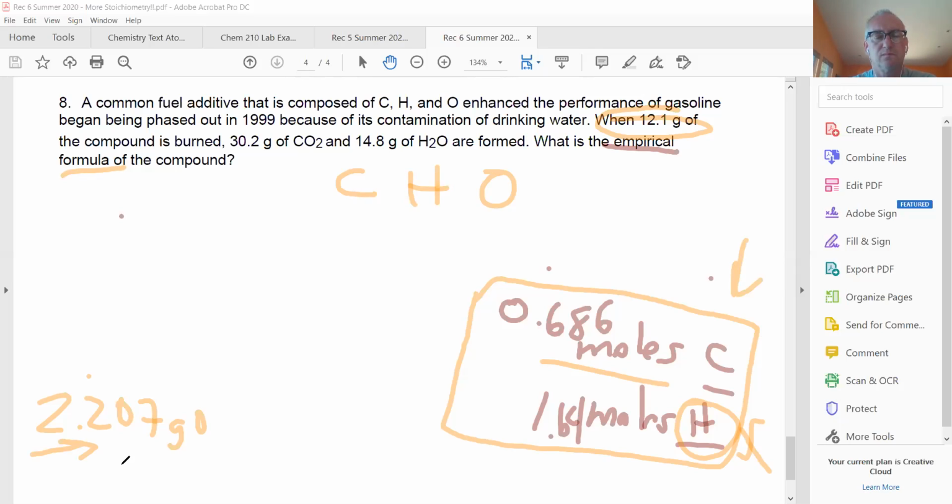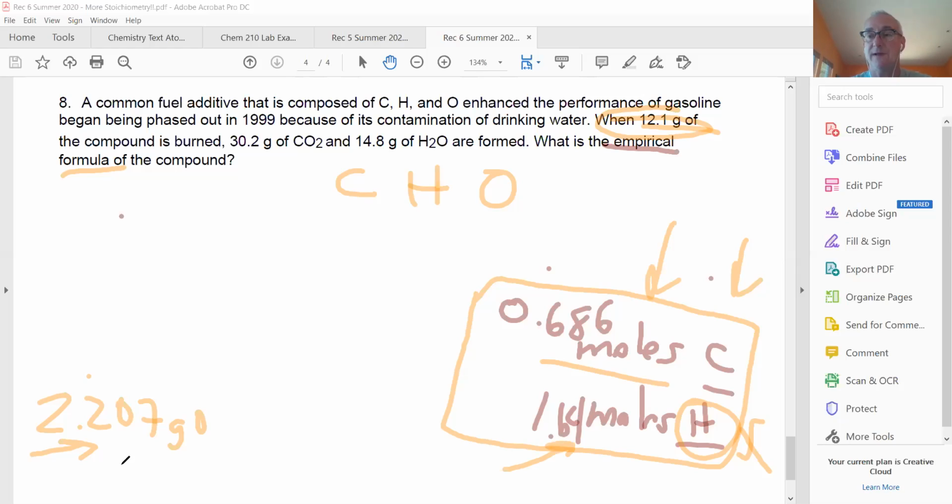Wait, sorry. Where did you get 2.207 grams? Oh, because we figured out how many grams of carbon we had from the moles, and how many grams of hydrogen we had from the moles, and we subtracted that from 12.1.